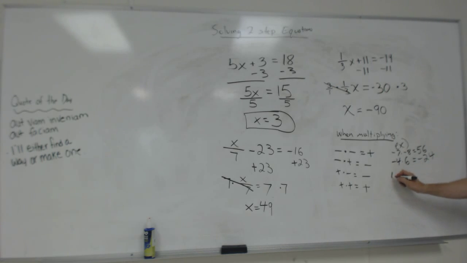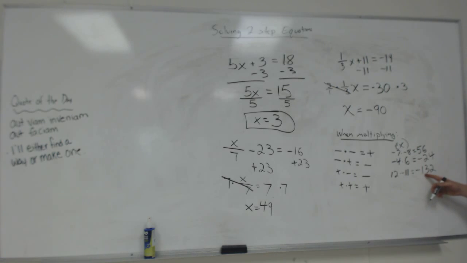Positive times a negative. Let's say I had 12 times negative 11. Is that going to be a positive or a negative? A negative. What is 12 times 11? 132, right? I don't actually have this one memorized, but I know 12 times 12 and I know 12 times 10. 12 times 12 is 144. 12 times 10 is 120.